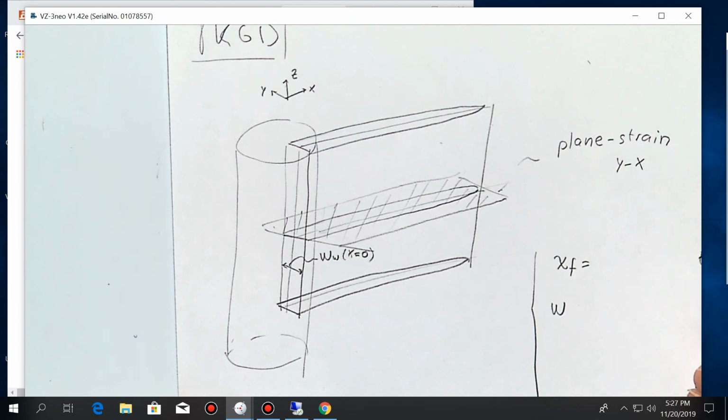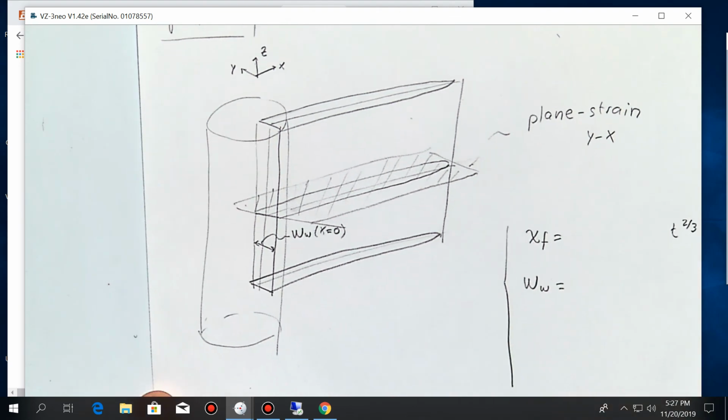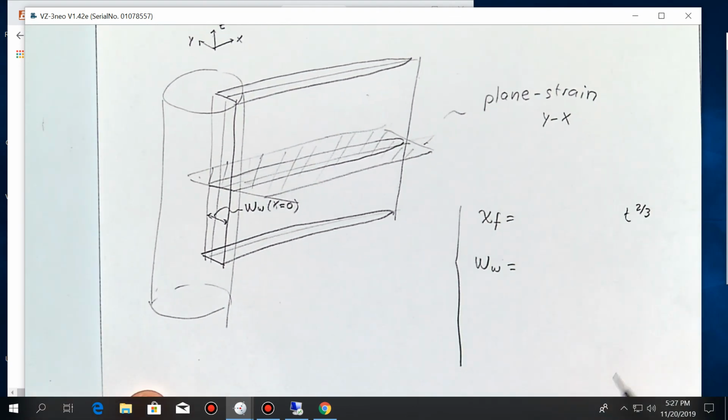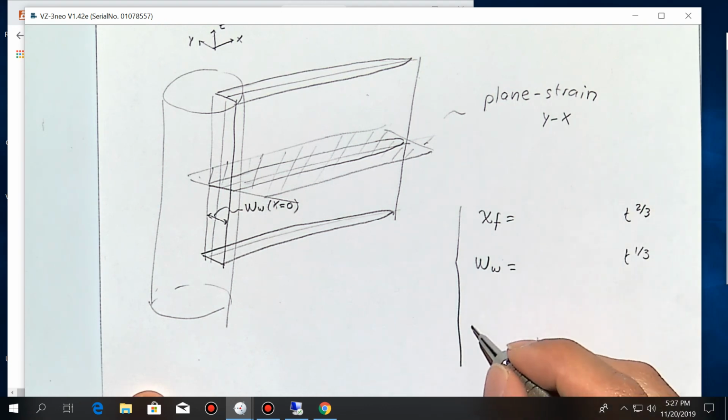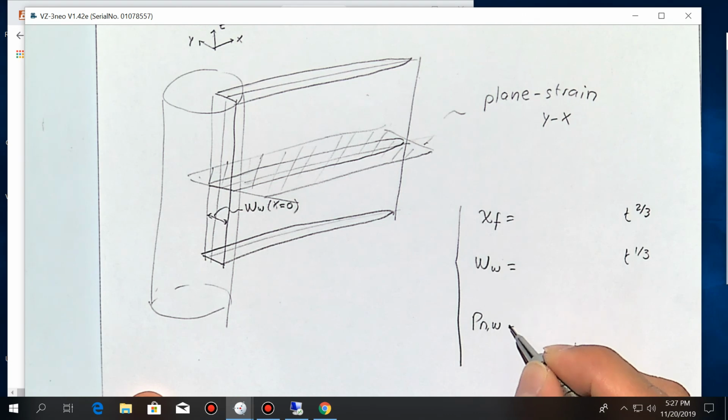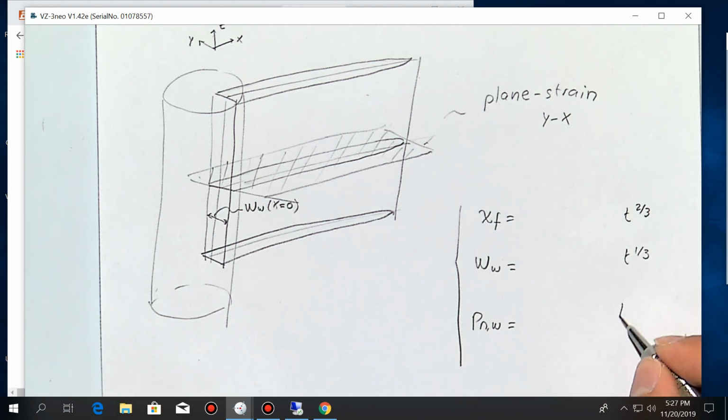I'm not going to write all of this. You can find the equations in my notes. The width of the fracture at the wellbore as a function of time, and the net pressure at the wellbore as a function of time.